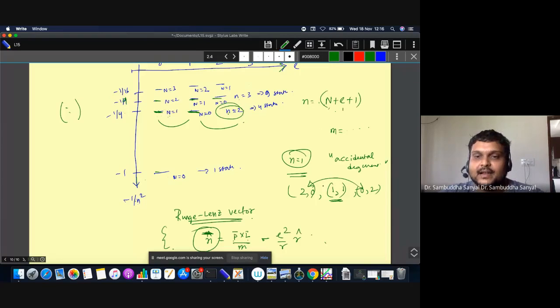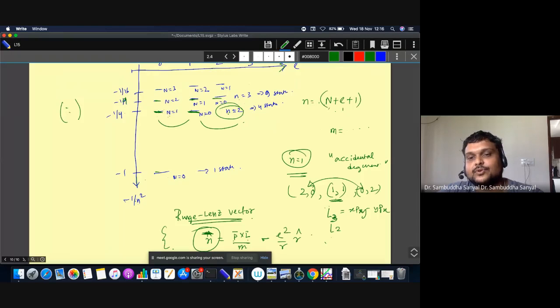Similarly, for the 2D harmonic oscillator problem, we found an LZ-like quantity, which is xpy minus ypx. Let me call it L3.